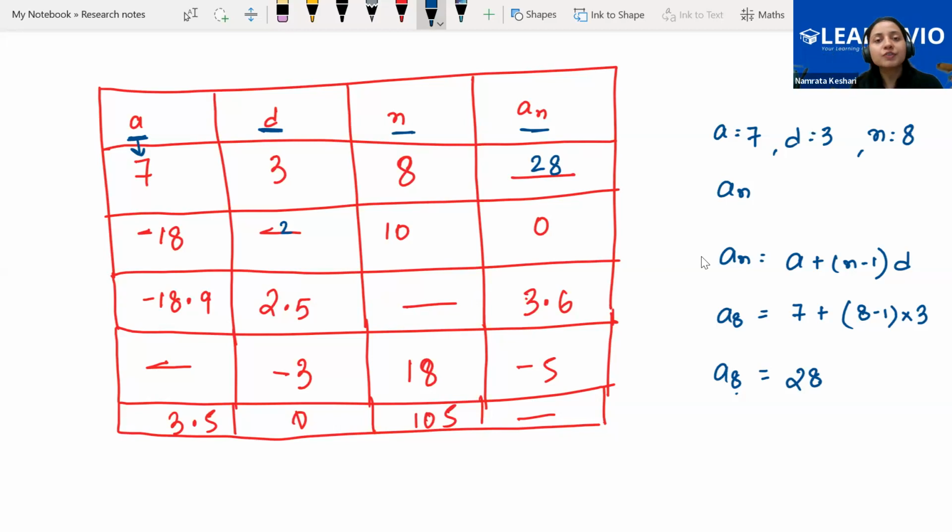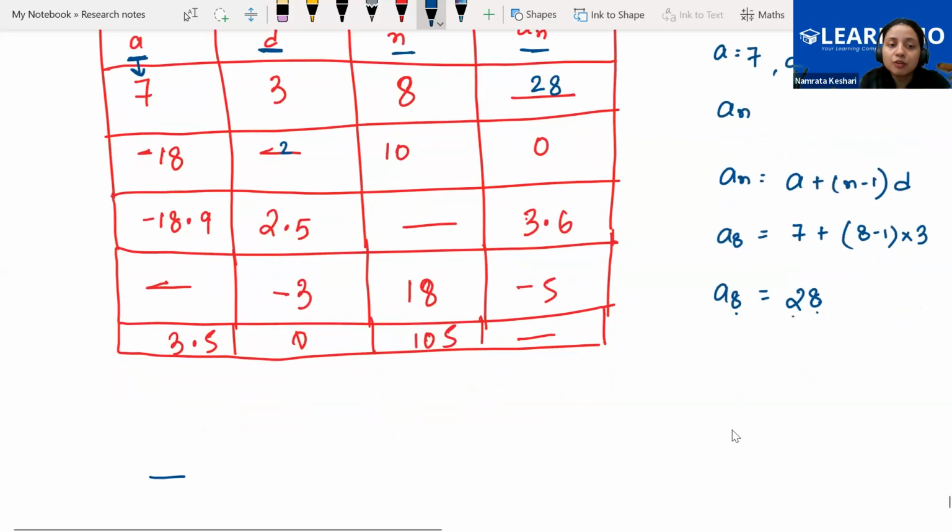The nth term formula we discussed in the second class: an is equal to a plus n minus 1 into d. Yesterday in our class I was also explaining the difference between n and an. Here n is 8, and you got 28. That means the 8th term: 1, 2, 3, 4, 5, 6, 7, 8.